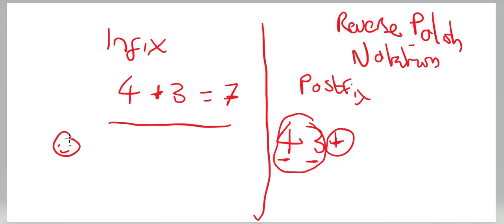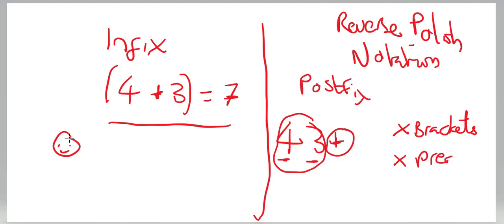Okay, so what's the benefit of using RPN, which is reverse Polish notation? Well, it basically doesn't actually need brackets. When we do infix, we could use brackets, especially for more complicated sums. But when we use RPN, we don't need to use brackets. So that's a nice advantage. Another advantage is that it doesn't actually need to know about rules of precedence when it's being used.